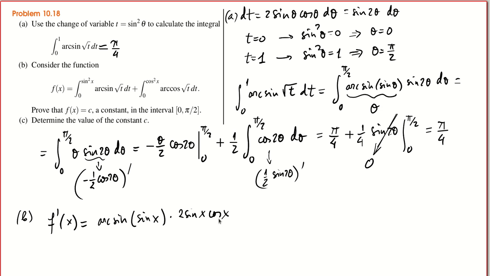And then we have to do the same with 0, but the derivative of 0 is 0, so the second term does not appear.